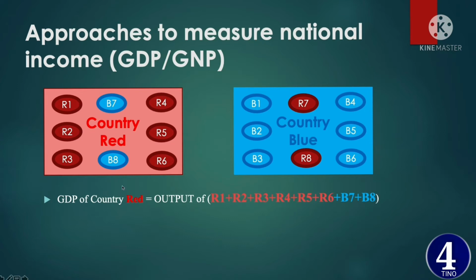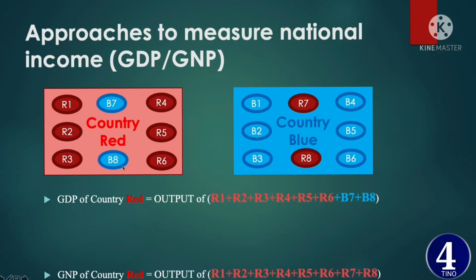GDP counts the output produced by every worker inside the country domestically. So in order to do that, we will add output from R1, R2, R3, R4, R5, and R6. Also production by B7 and B8, irrespective of their citizenship, because only geographical location is considered here.